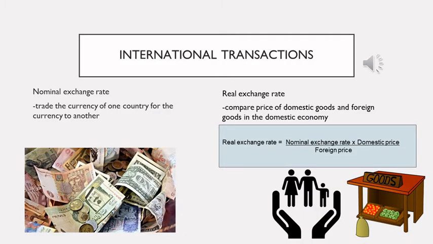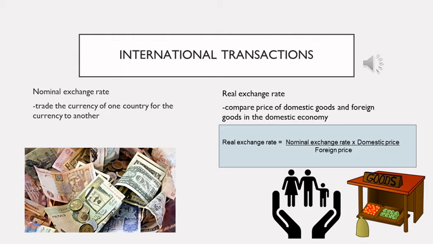International transactions are influenced by the nominal exchange rate and the real exchange rate. The nominal exchange rate trades the currency of one country for the currency of another, and it is expressed in two ways: either the units of foreign currency per one unit of local currency, or the units of local currency per one unit of foreign currency.